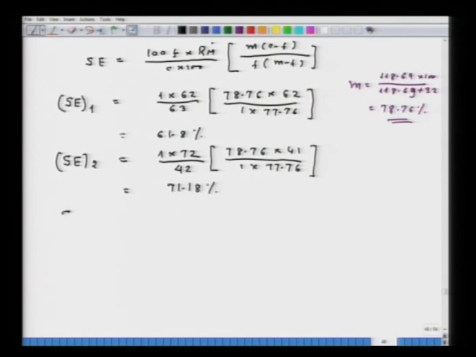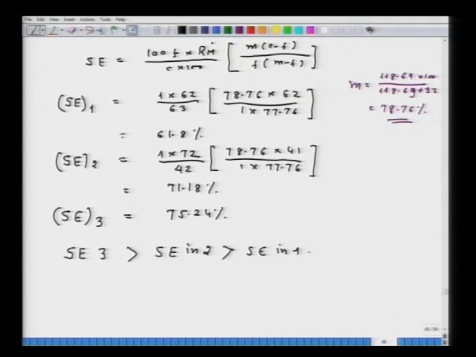I can find out now separation efficiency 3. We can do the substitution, the answer will be 75.24%. Now, you can see from here that the separation efficiency in 3 is greater than that in 2, and that is greater than that in 1.